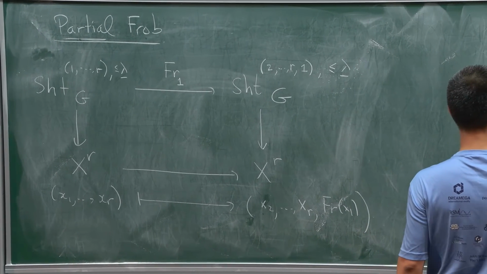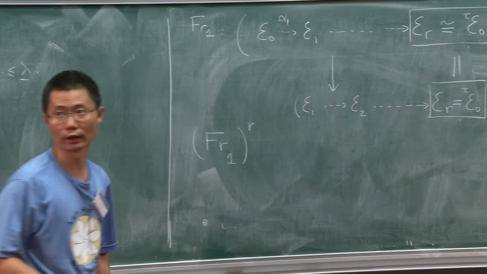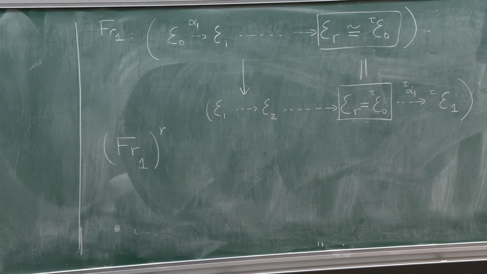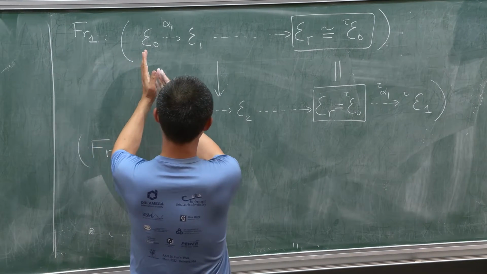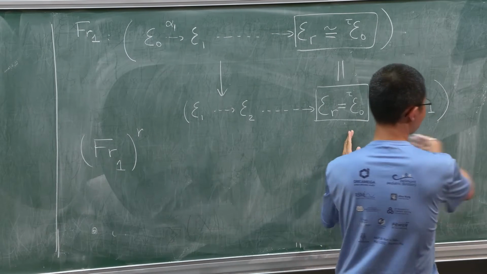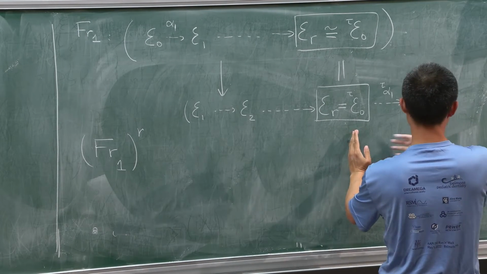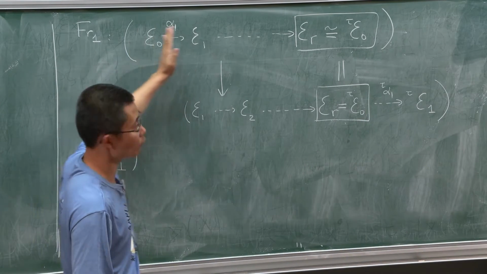Now, if I iterate this operation r times, what do I get? So I will then have to shift E0 all the way to this ER place, and then starting there, this chain of bundles is just the Frobenius pullback of everything here.